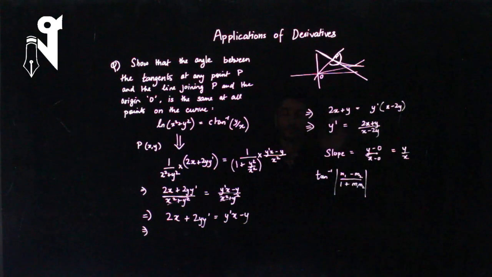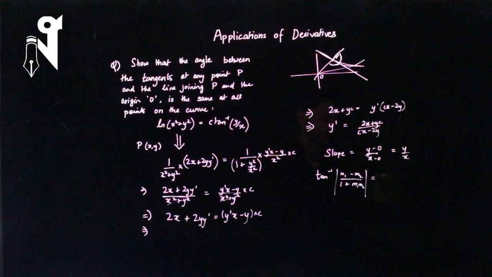Okay, so I've forgotten the factor of c over here. Everything is multiplied by c: c into y, and c into x, so cy and cx. m1 over here is nothing but y dash, m2 is y by x.